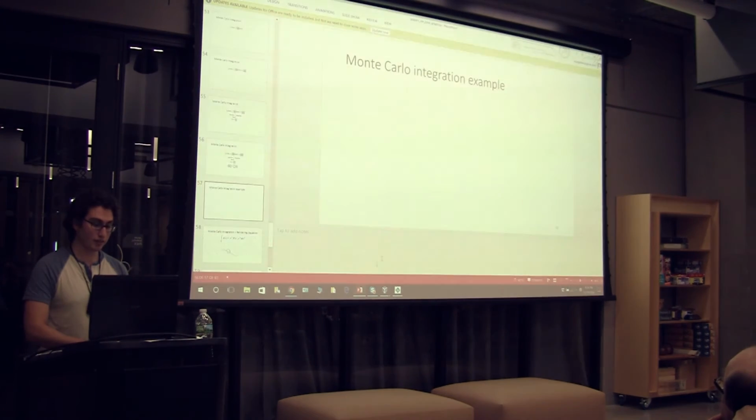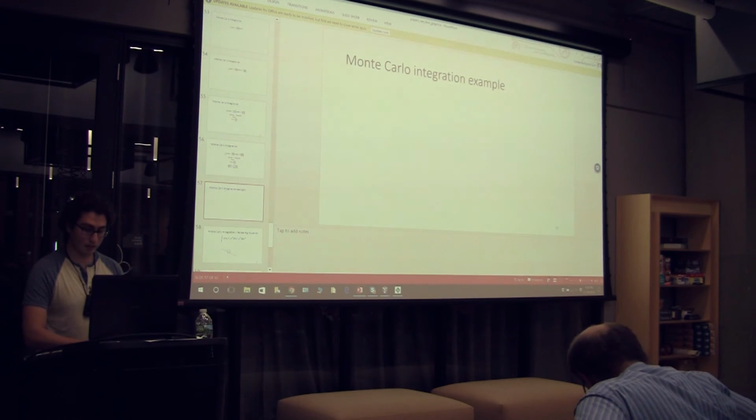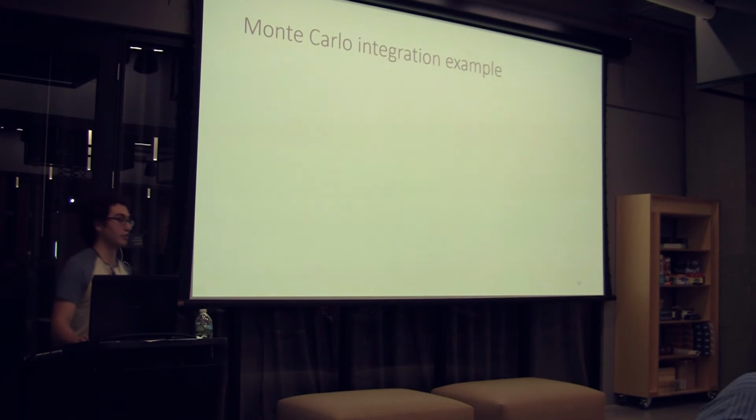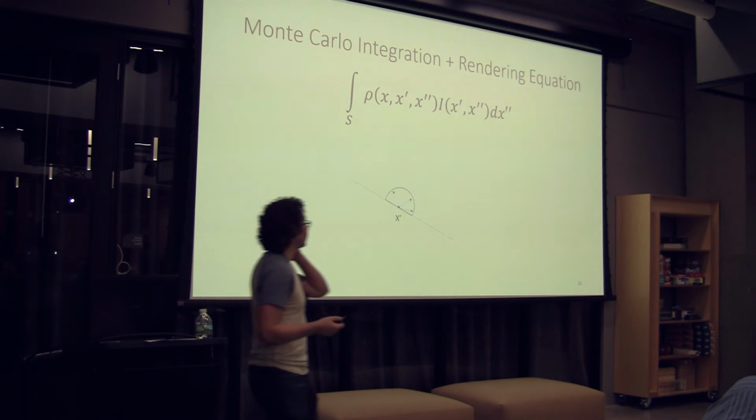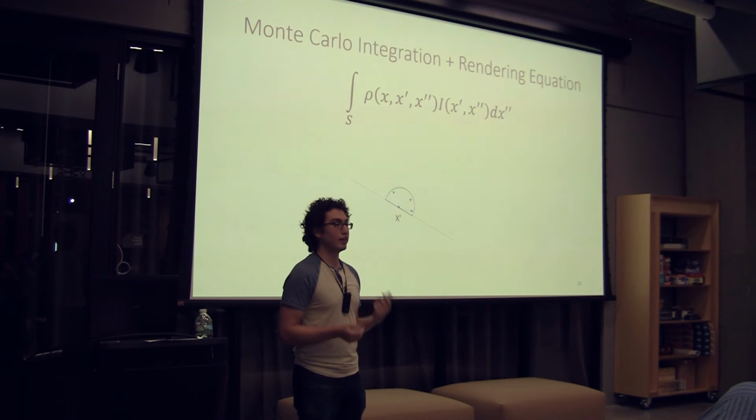And so this idea of sampling regions with high value is going to come up again when we apply it to the rendering equation. It's called importance sampling. The way we're going to apply this to the rendering equation is, when we have our x prime, we shoot a ray out into our scene and hope that we intersect something.